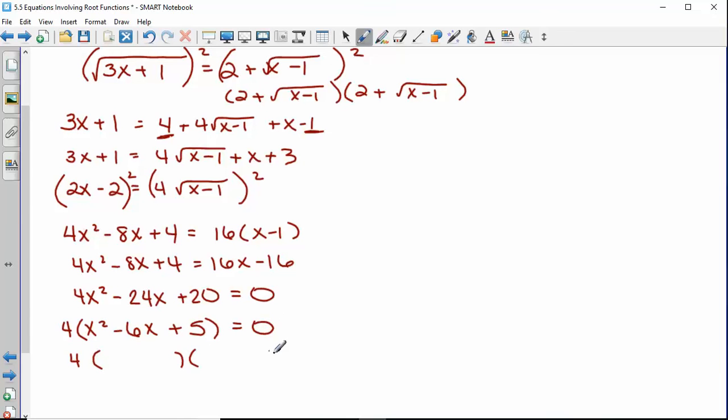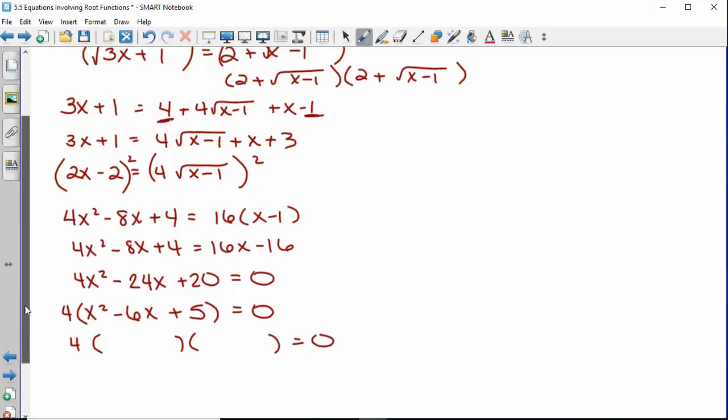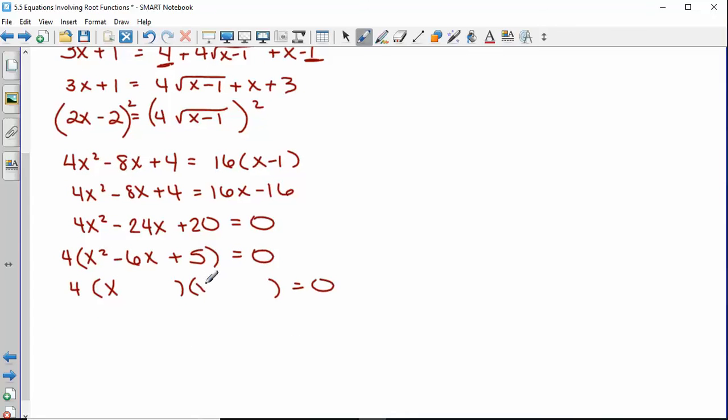So then we can do the shortcut. Multiply to positive 5, add to negative 6. Negative 5 and negative 1.